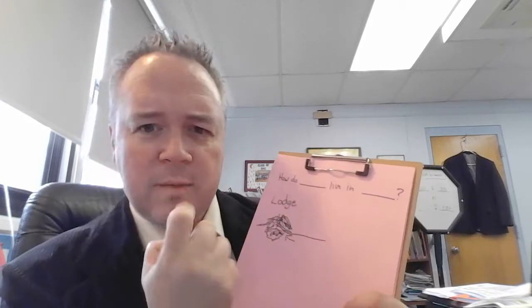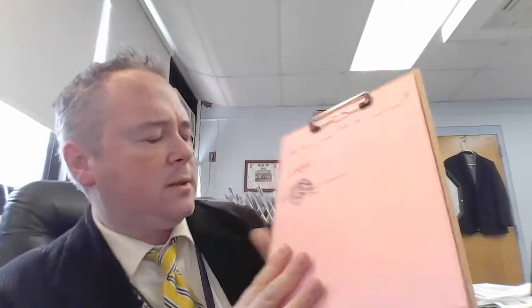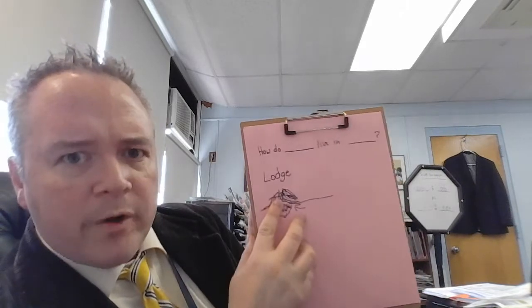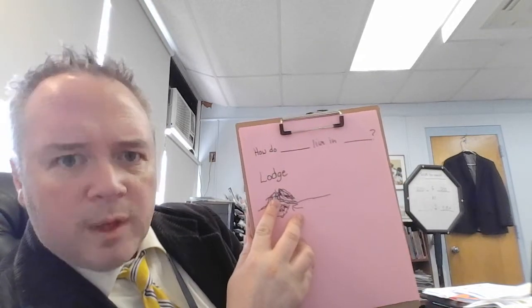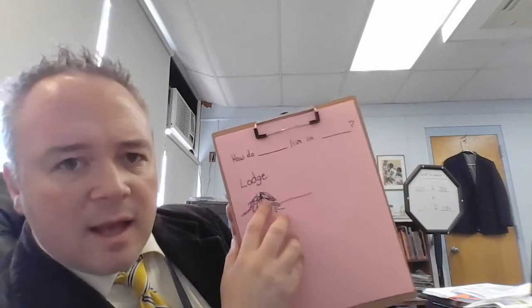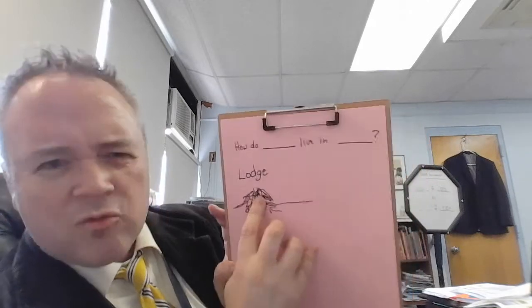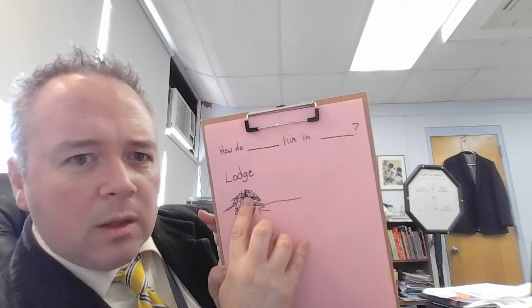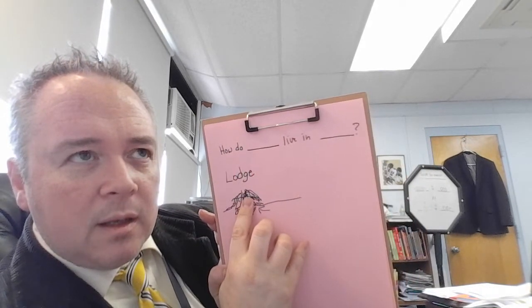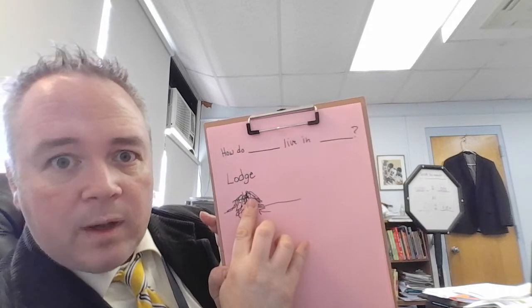What else? I'm going to really push my brain now to think more about the lodge. The lodge looks like it's probably warm inside, because it probably gets cold on the water at night or in the colder months of the year. So there's probably a lot of heat inside because nothing cold can get in there, like the wind can't get in there. So that must mean the sticks are really tight, almost like a wall, right? That must also mean it protects it from bigger animals that might want to hunt it.